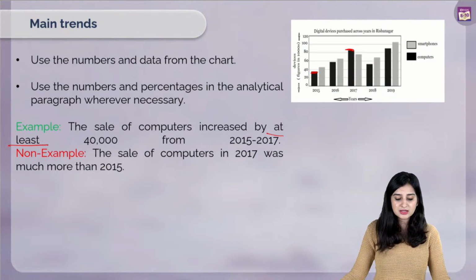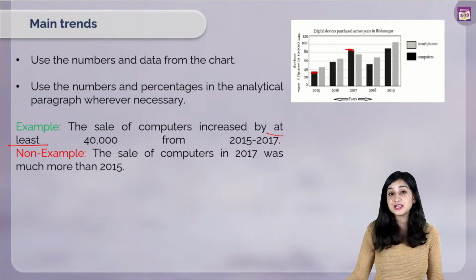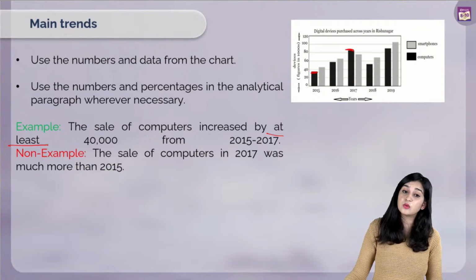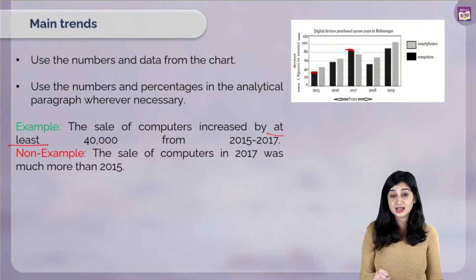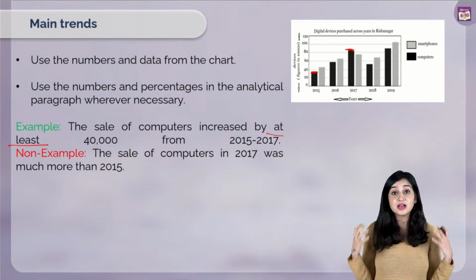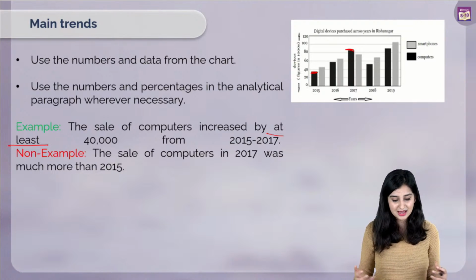So we know for sure that the sale of computers increased by at least 40,000 from 2015 to 2017. Now we have used actual data from what was given to us, and that looks very nice, and it makes your analytical paragraph more trustworthy because you're citing the data and your interpretation or inference from the data.